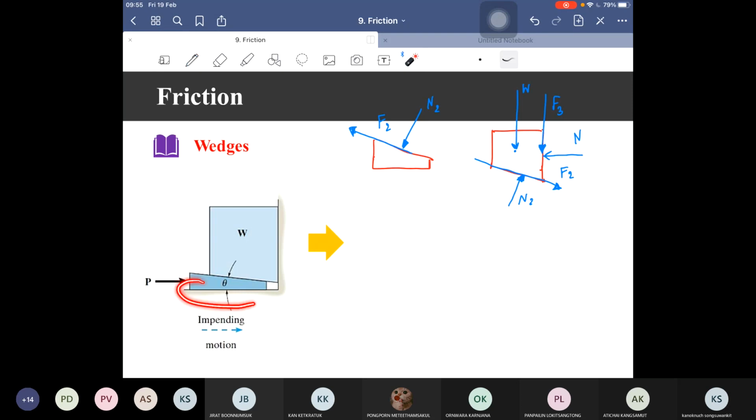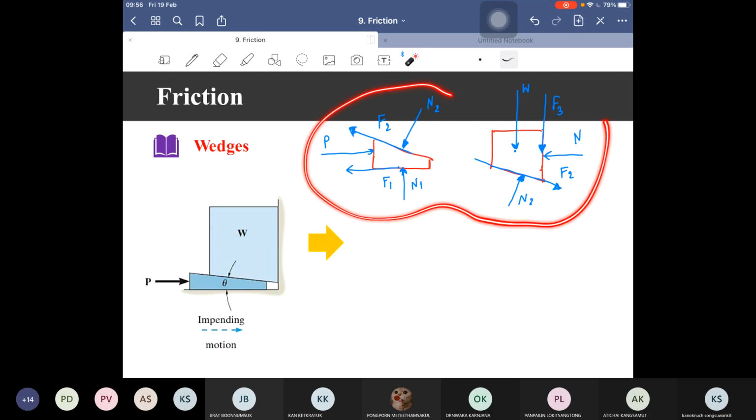And lastly, between the floor and the wedge, there is also friction. This is the movement F1 and normal force N1 with external force P. Okay, so we have the free body diagram of this system.